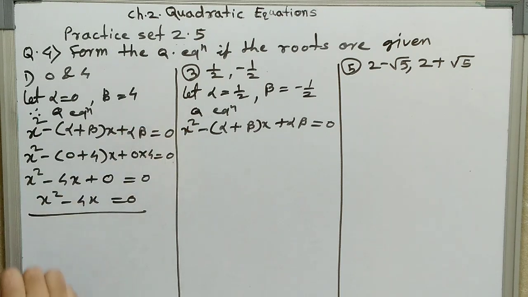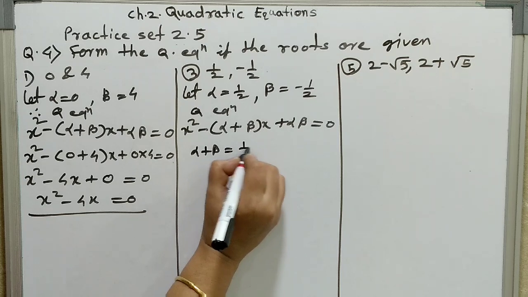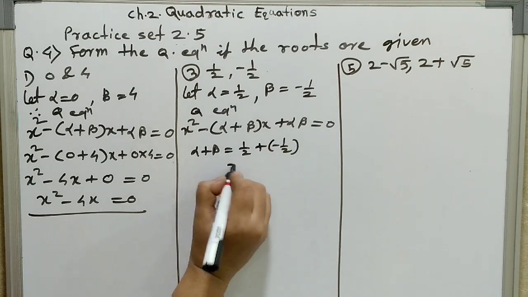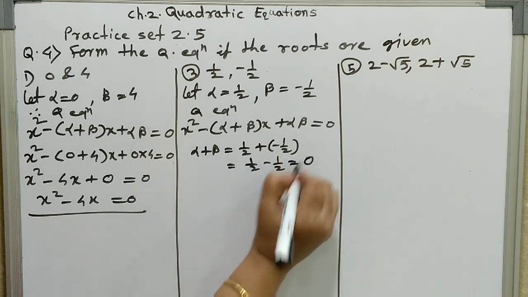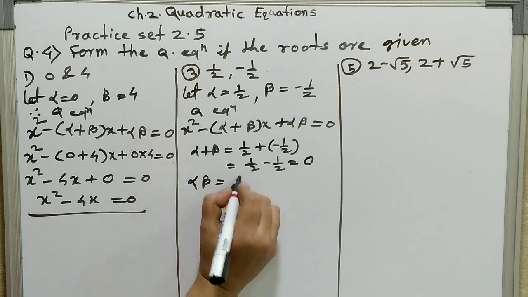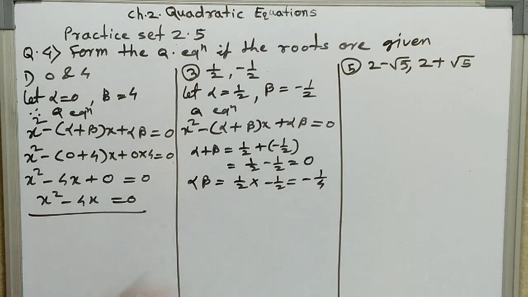Now what is alpha plus beta? Alpha plus beta is equal to 1 upon 2 plus minus 1 upon 2. So 1 upon 2 minus 1 upon 2, they cancel. So the value of alpha plus beta is 0. And alpha into beta is equal to 1 upon 2 into minus 1 upon 2, which is minus 1 upon 4.